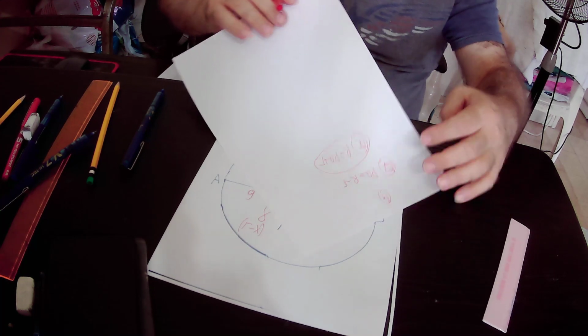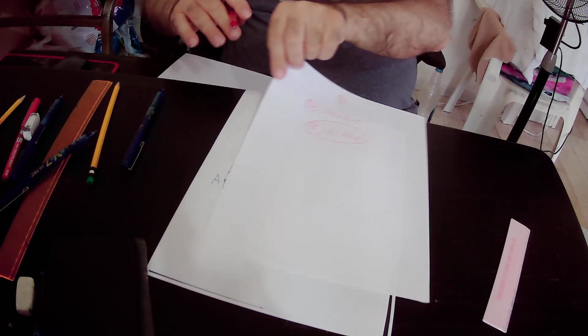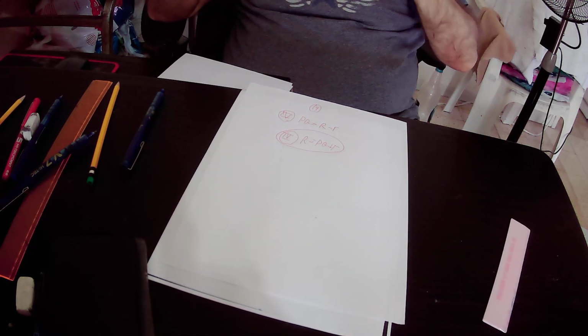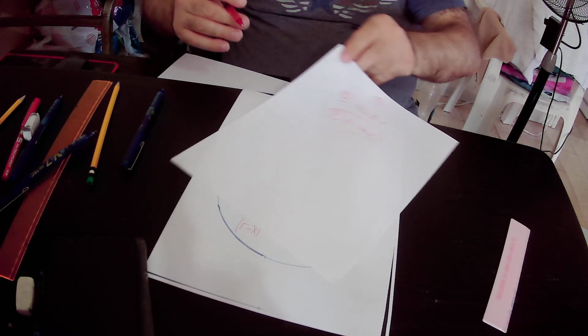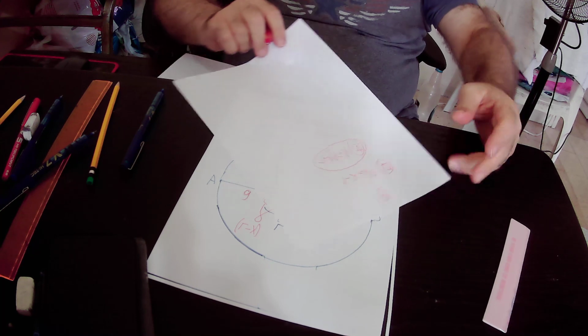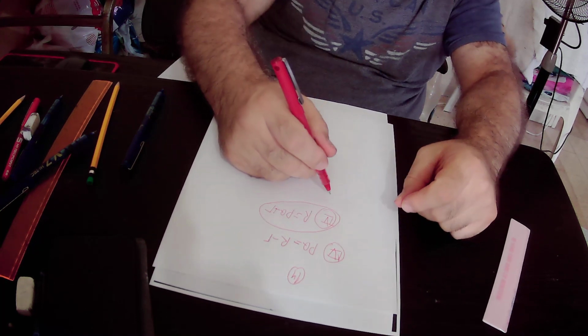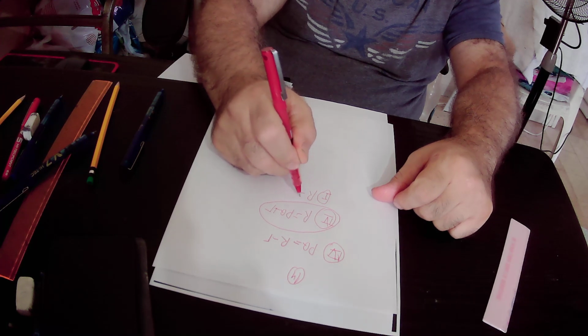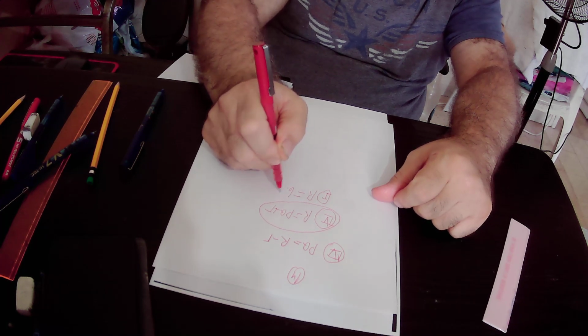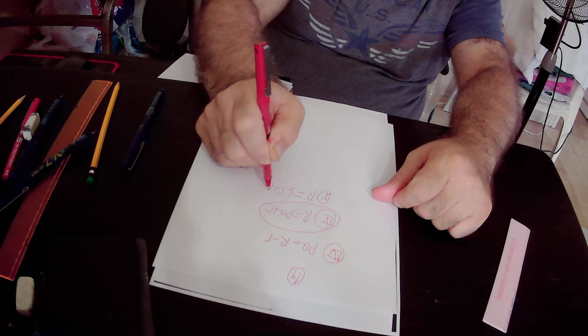Okay, we got the radius of the big circle equals PQ plus small r. But we have equation number 1 that states that the radius of the big circle, that is to say capital R, equals 6.5 plus small r.